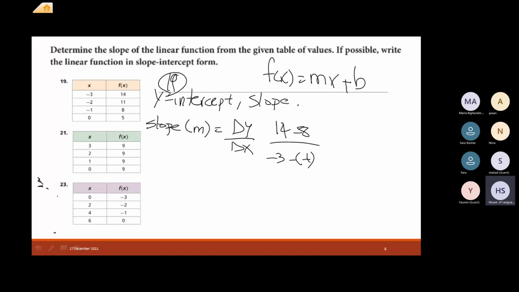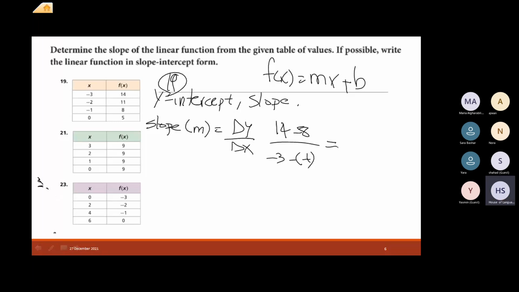Now I need to find delta x. We put the x of 14 and 8. Where's the value of x that corresponds to 14? Negative 3. You put it at the beginning. Where is the value of x that is related to 8? Negative 1.